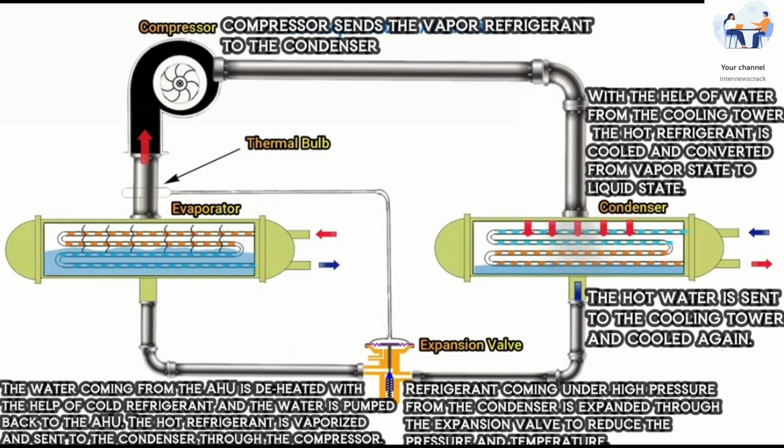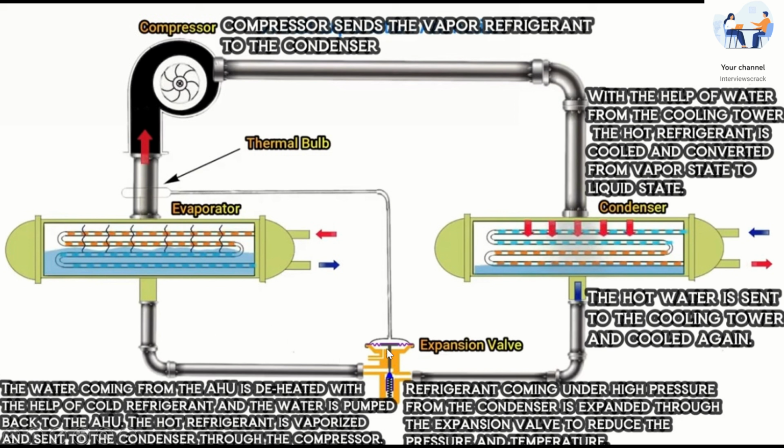The hot water comes out from the condenser and goes to the cooling tower, and this liquid refrigerant goes out from the condenser to the expansion valve. The expansion valve reduces the temperature and pressure of the refrigerant and sends it to the evaporator.